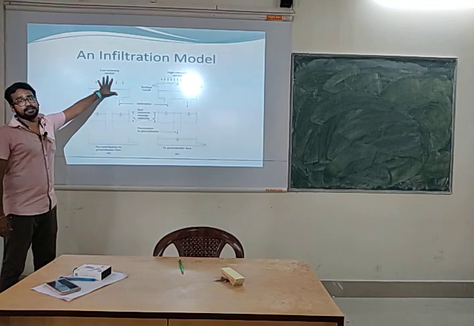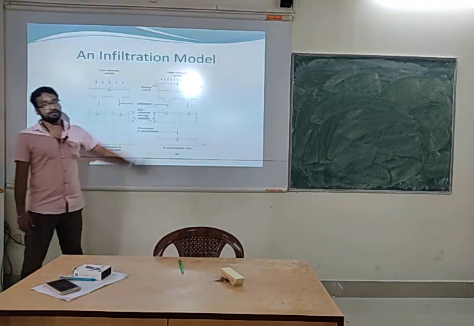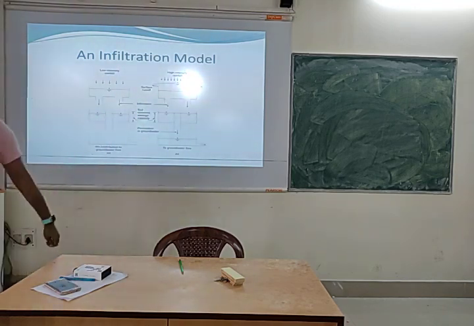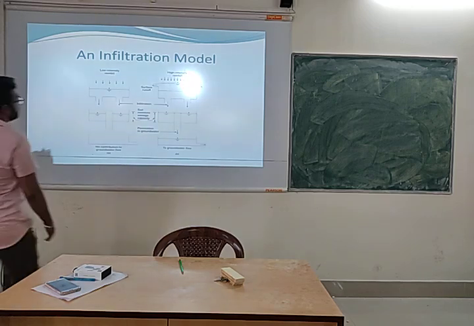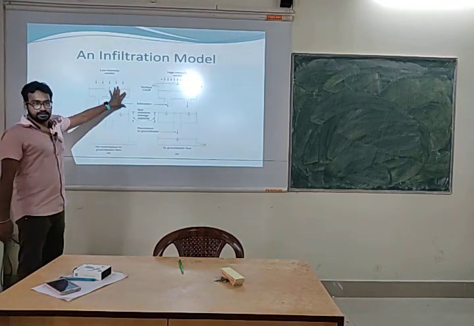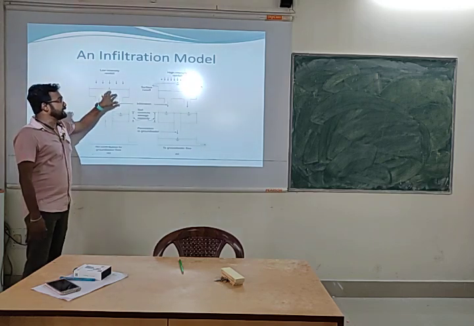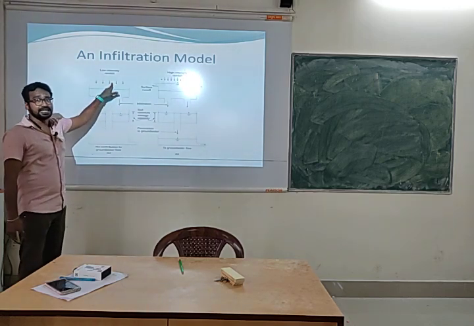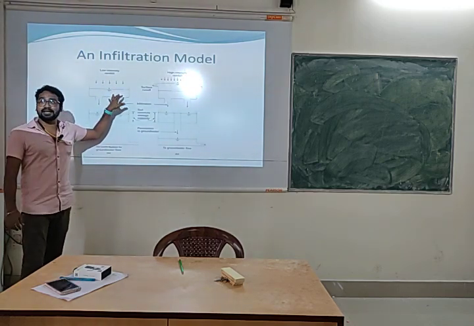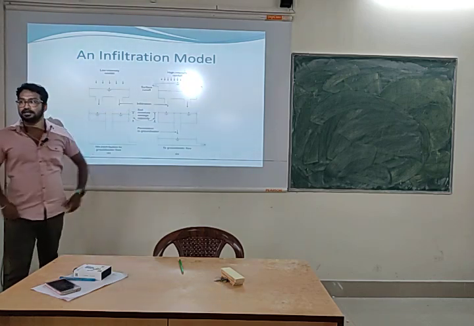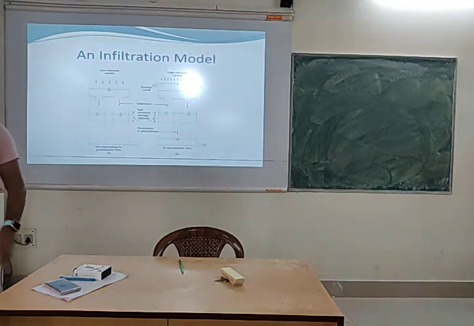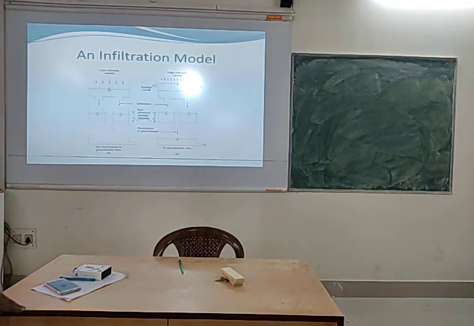But what is the difference? In this direction we have low intensity, here we have high intensity. If the intensity is lower than the rate of infiltration, obviously all the water will be infiltrated. The infiltration rate is the amount of water which will be infiltrated in a particular time.